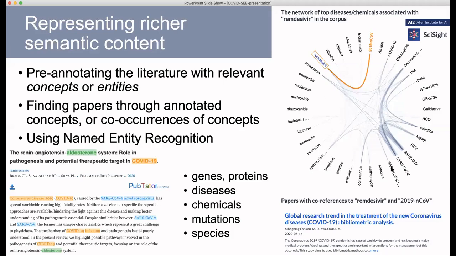And so you can see visually what the key diseases and chemicals are that are mentioned in the search results in response to a particular query, and look at the connections to other papers. And I think this is really a step in the right direction, and surfaces connections and relationships that are implicit in the text and maybe not so obvious from a standard search interface.